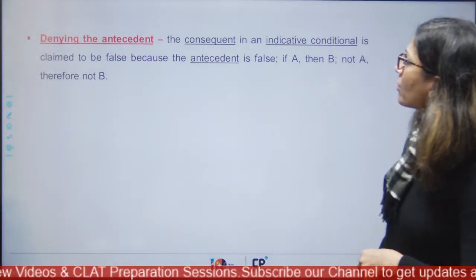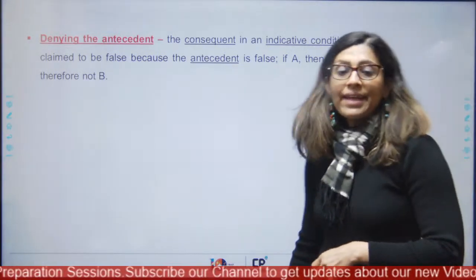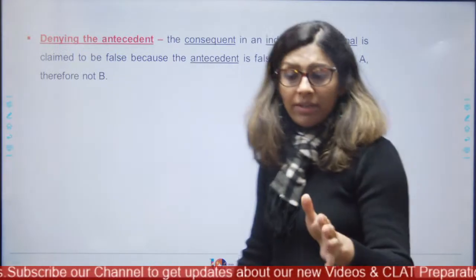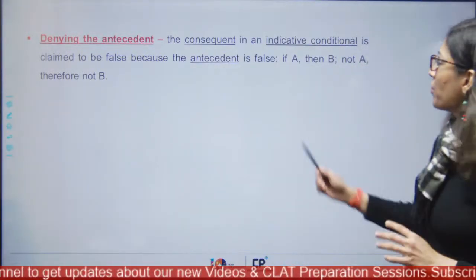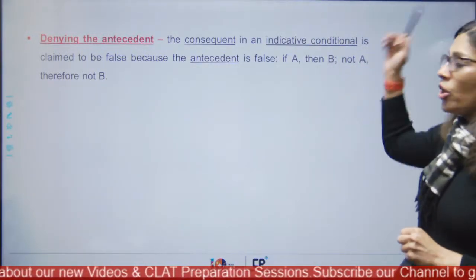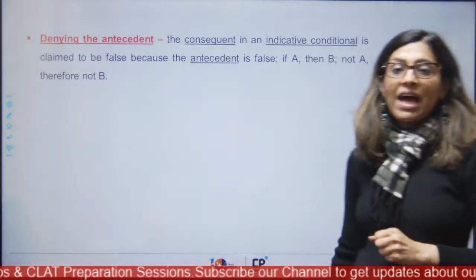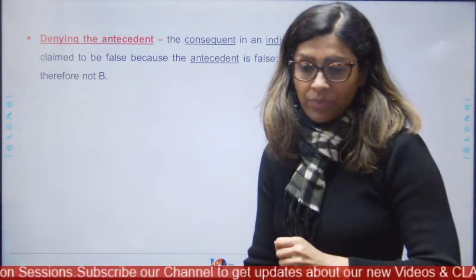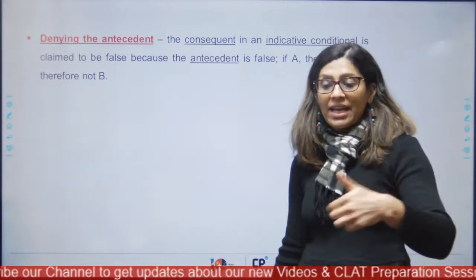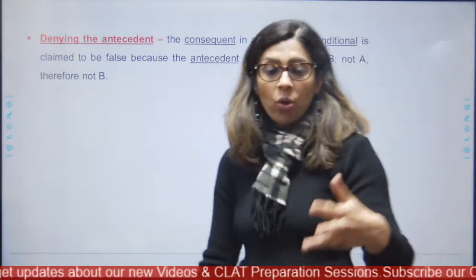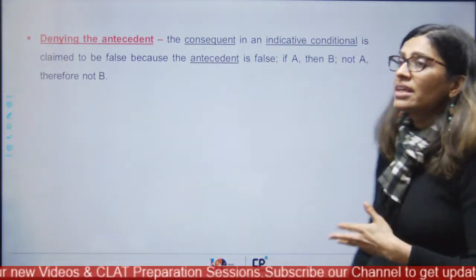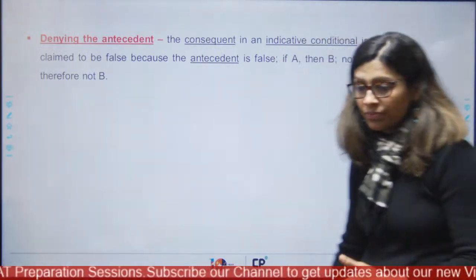Denying the antecedent. Again, technical terms are not really important, but if you do know, great. So in if A then B, not A therefore not B is invalid. I hope you know that as well. So please do keep saying yes in the chat box so that I get to know that you are sure about these technical fallacies.